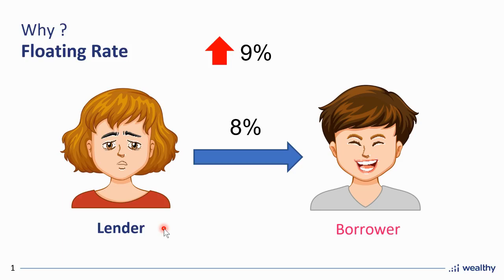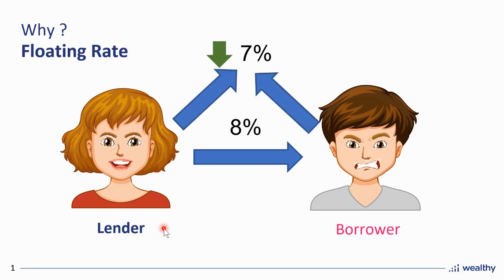In the vice versa scenario, if the interest rate comes down by 1%, then the borrower is not happy with the situation. The lender is super excited because he's making 1% over and above the market interest rate of 8%. So when this kind of scenario happens, both of them come to a win-win situation where they say, let's link it directly to the market interest rate.